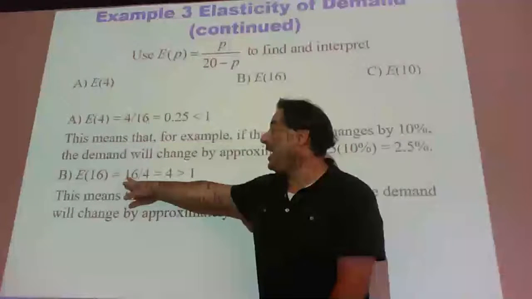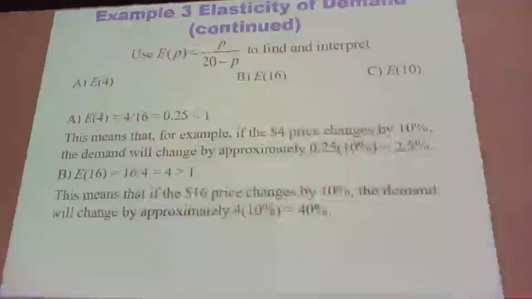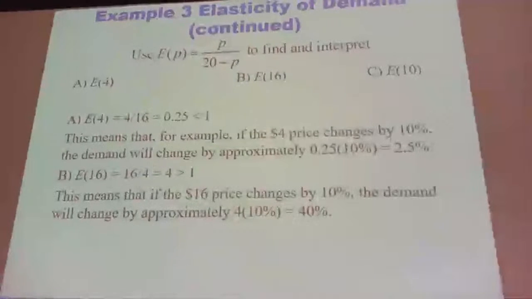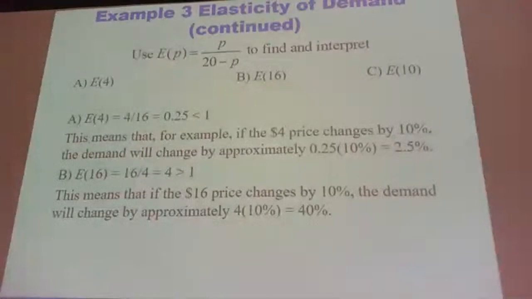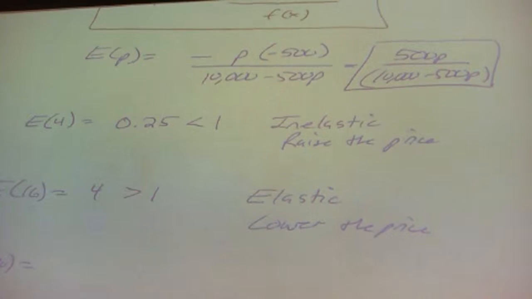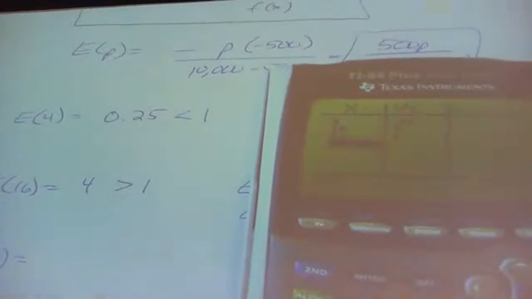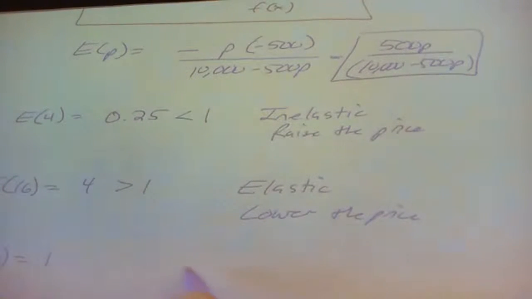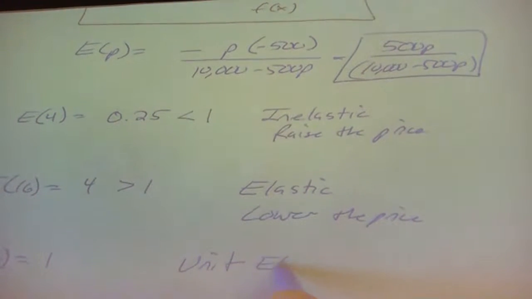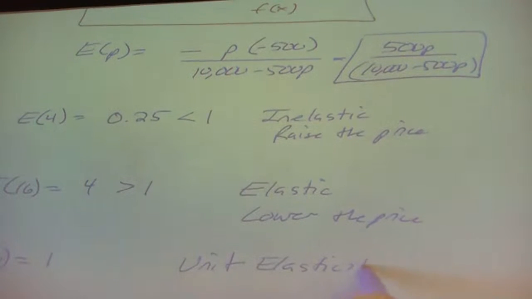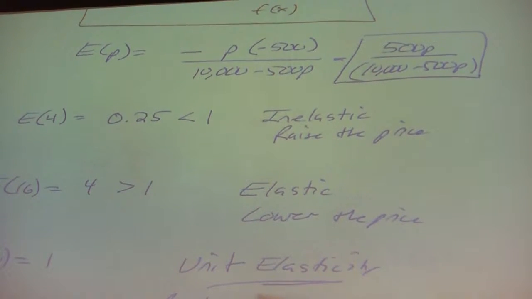But if your top number is bigger than your bottom number, you should lower the price. That's actually what's happening. Okay? And then the last step, magically, what happens when you plug in 10? When you plug in 10, you get 1. That is unit elasticity. That is telling you the best price is how much? $10.